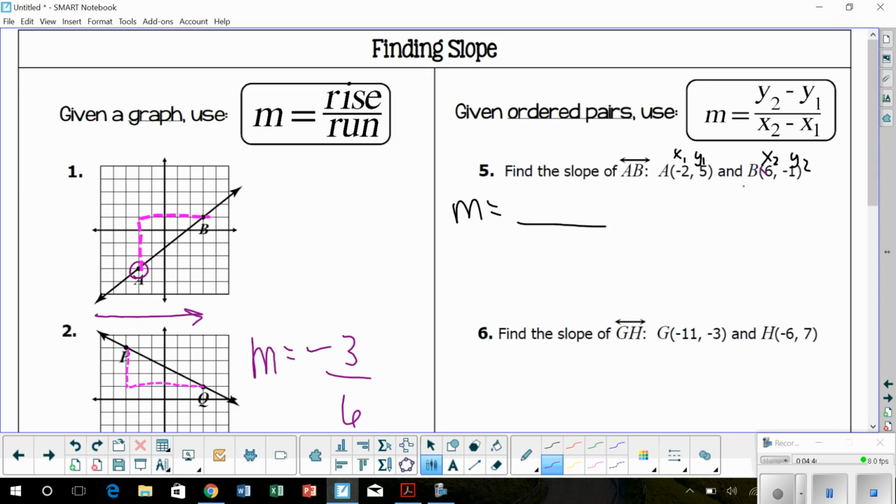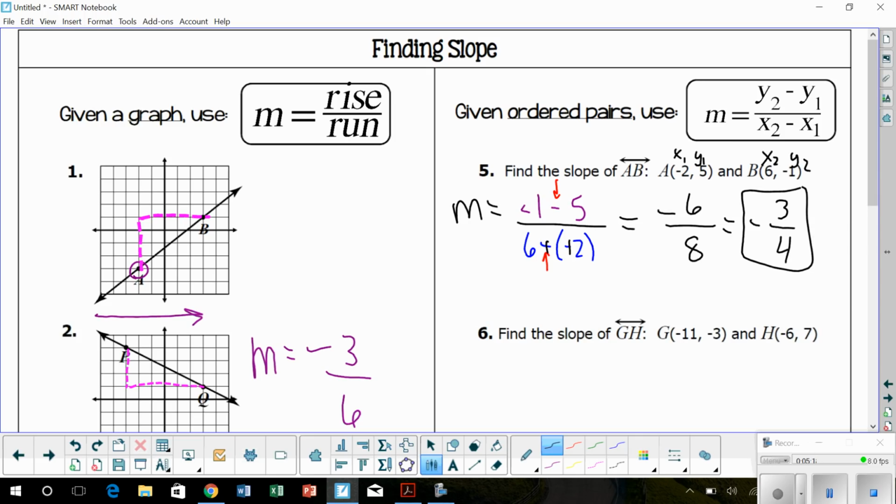If you need to do that, go for it. It'll just help in the long run. So up here, you're going to do -1 minus the 5. And on the bottom, you're going to do a 6 minus a -2. That is part of the formula. So we get -6 over positive 8, reduce, -3 over 4.